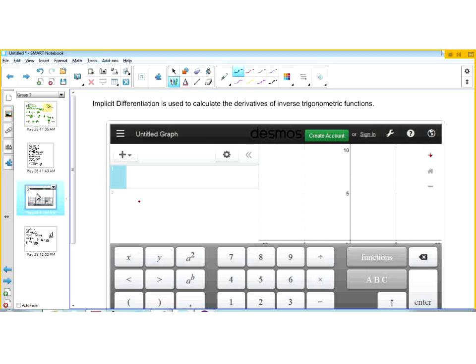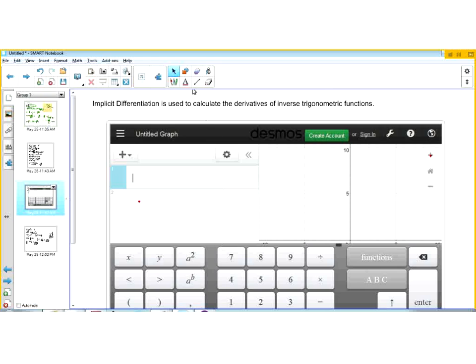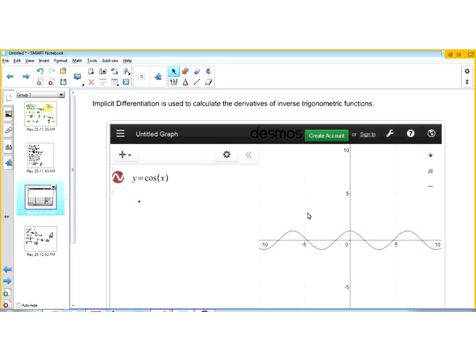Okay, so here we go. Let's start off with graphing y equals cosine x, because we're trying to pull off the inverse cosine function. Understand what inverse cosine is. Shown in red, there's the cosine function. All right, so we need to identify the principal part for which we could take the derivative.